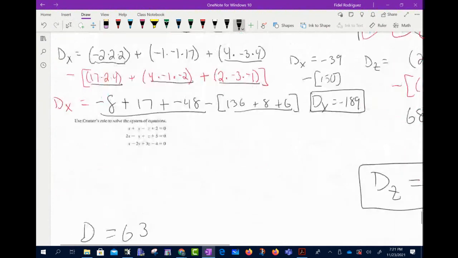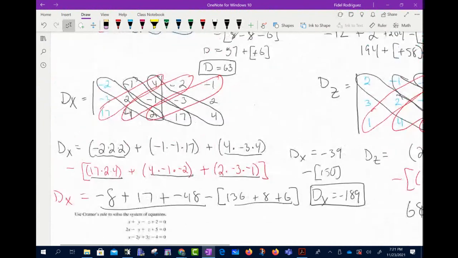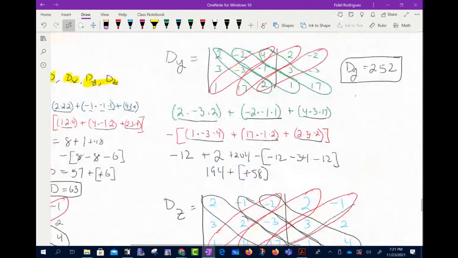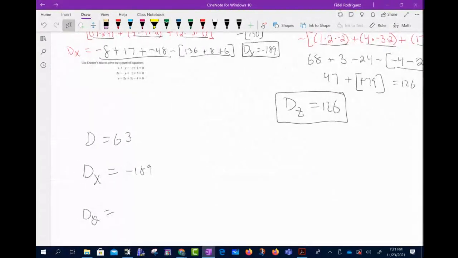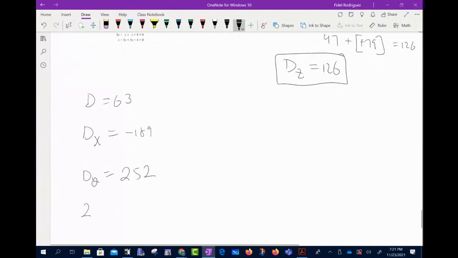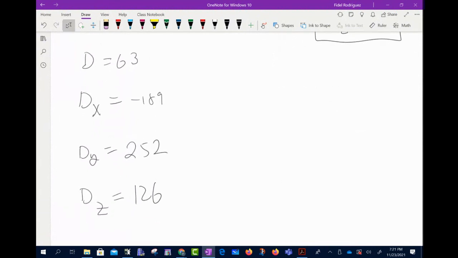DX was negative 189. DY was 252. And finally, DZ was 126.